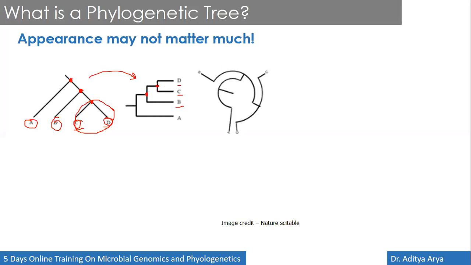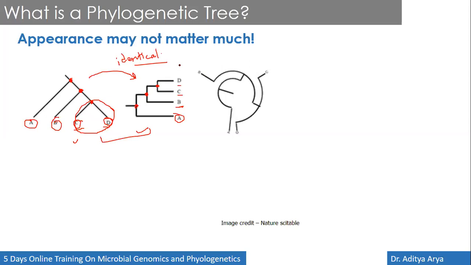So C and D had an ancestor, and their ancestor had a common ancestor with B, and then A had another common ancestor. So if you look at this graph or this graph, they have the same meaning. They are identical. That's why I'm saying you should not be misled by their appearances. They do not have any difference at all.